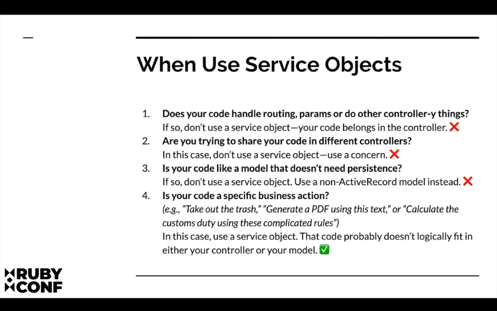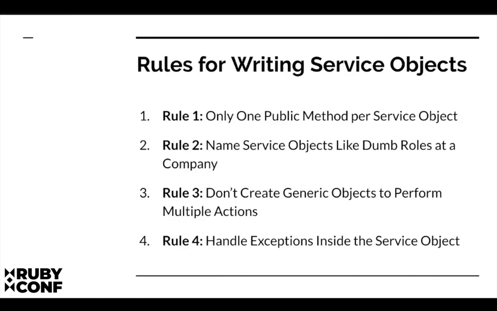So with that said, are there rules for writing service objects? Personally, I do use rules, but you may break them, since we're all adults here, and you're obviously very capable Ruby developers. The first rule is that you should always use only one public method per service object.